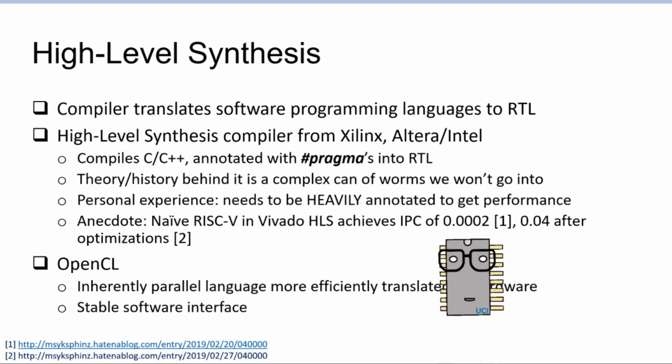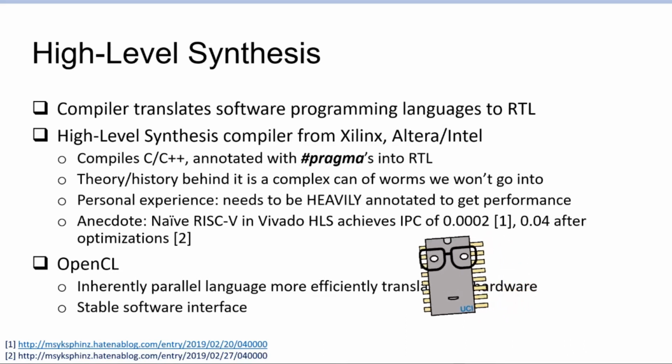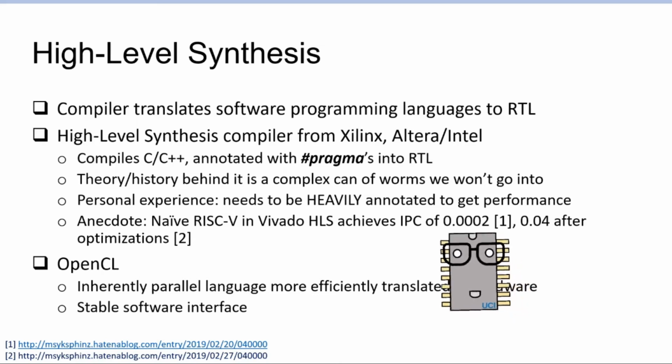For reference, when running SPEC marks, modern Intel processors should be giving you IPC of 2 or 1 instructions per cycle. So there's a pretty big difference in efficiency in doing this.